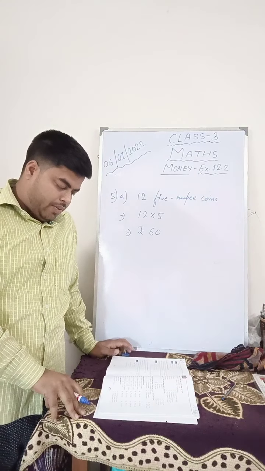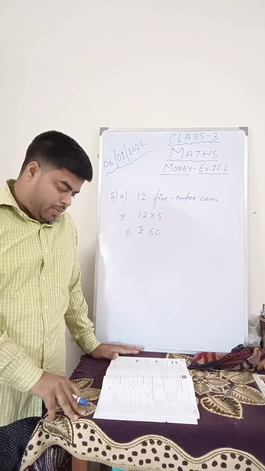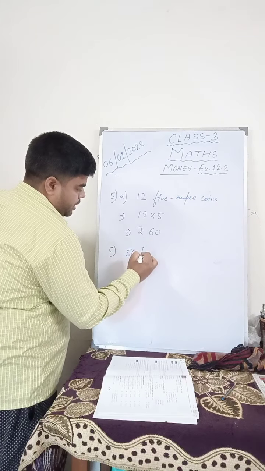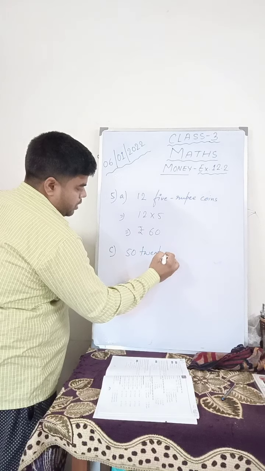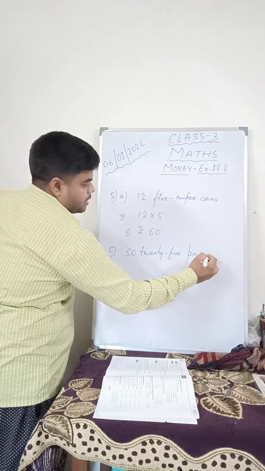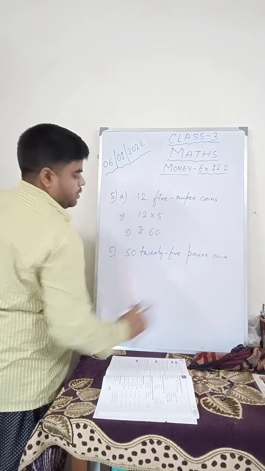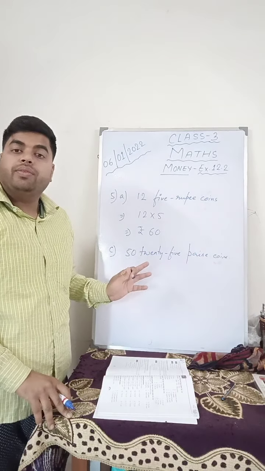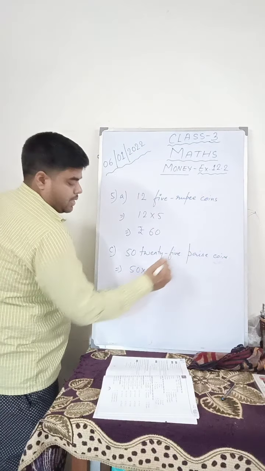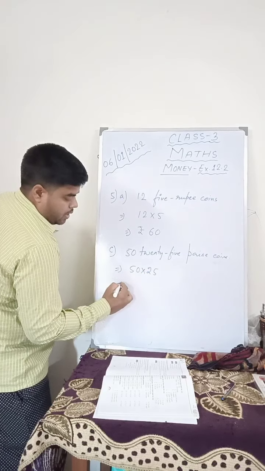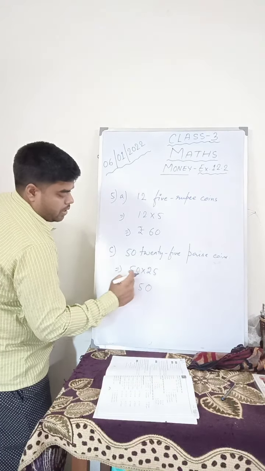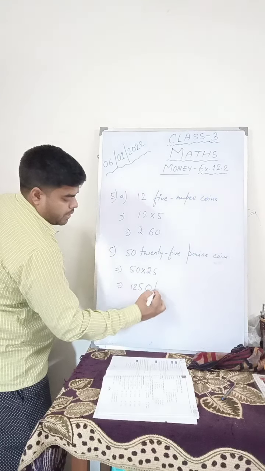Now sometimes they have given you paisa, like number C, 50 25-paisa coins. So that means 50 multiplied by 25 paisa. Now you multiply: this will be 0, 5 5s are 25, 2 in hand, 5 2s are 10, this much paisa.